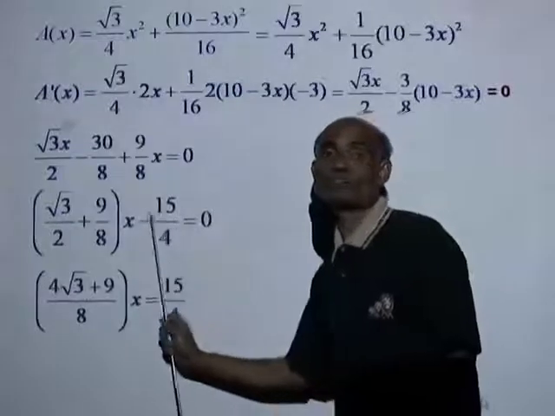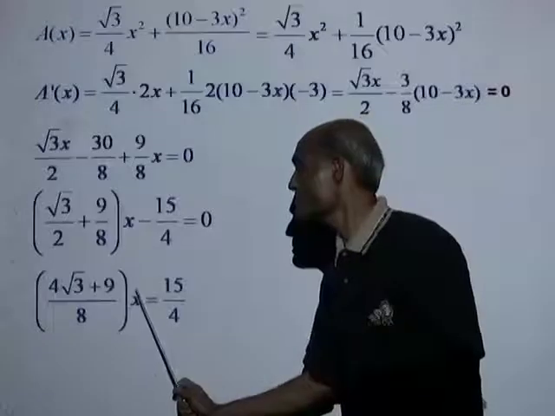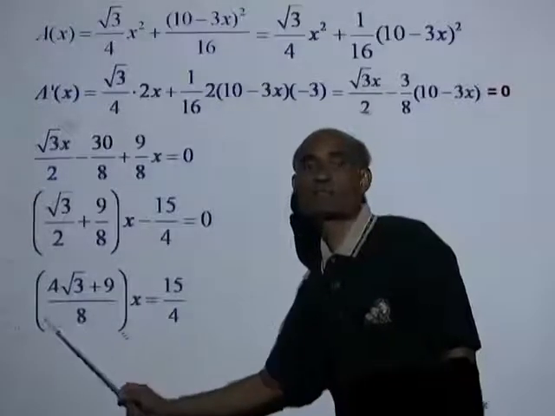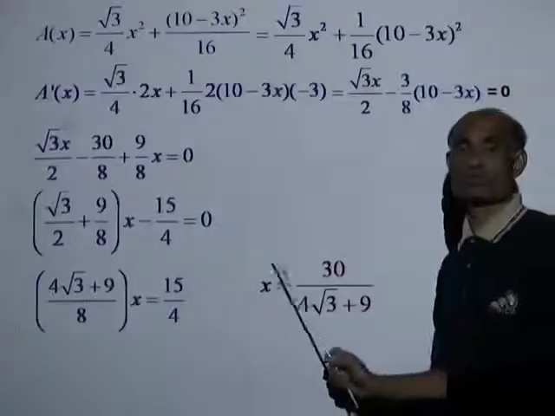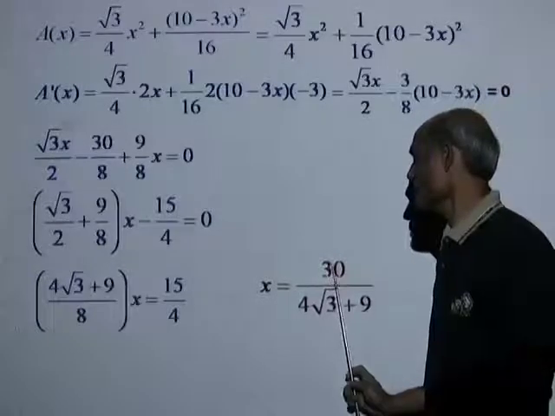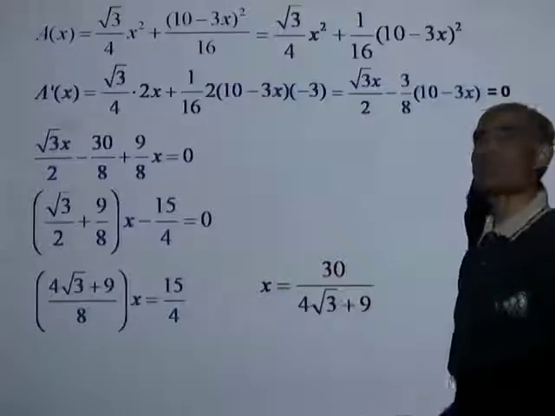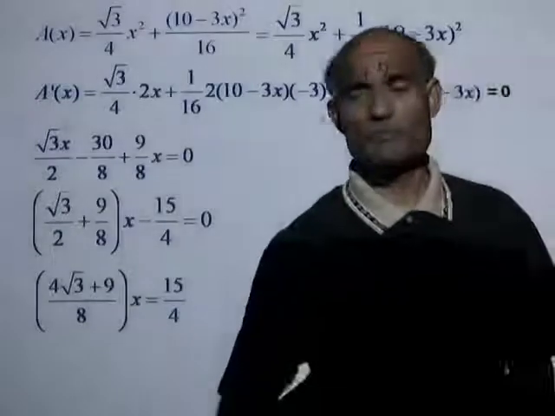Which is the same as, take the 15 over 4 to the right side. And what all you need to now do is to find x, divide the right hand side by this quantity. So x equal to, try and do that on your own. I got that simplified as 30 divided by (4 square root 3 plus 9). Is it okay, or do you want me to help you?